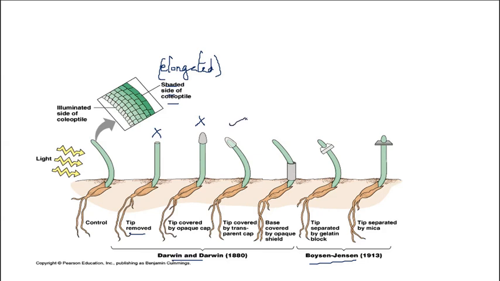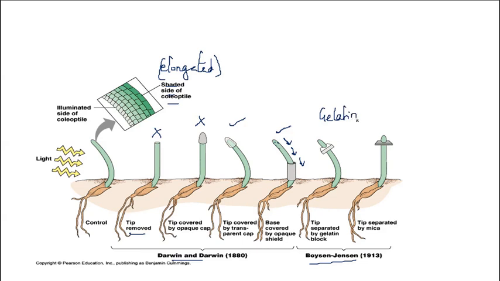See, the shaded region has more auxin. Wherever the auxin will be more, the cells will elongate in that region. So the main role of auxin is cell elongation.